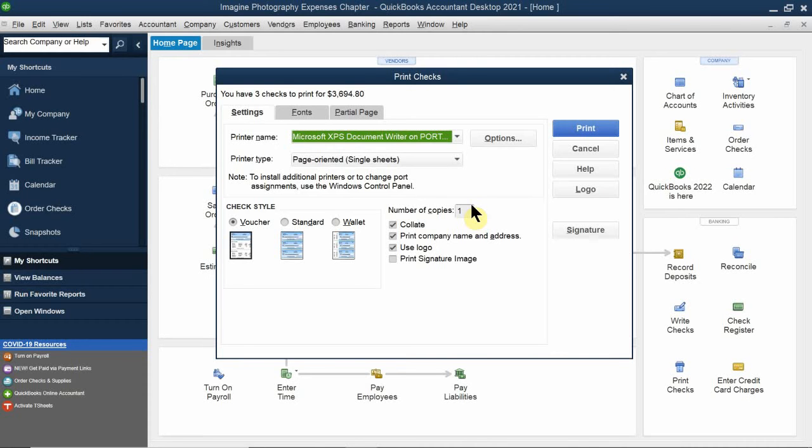So again, 3 checks together on one page, and they have perforated lines so you can separate the checks. And then they have wallet style. Wallet style is more like the ones you normally get, where it is shrunken down to the size of a regular check, which is about the size of a regular dollar bill.